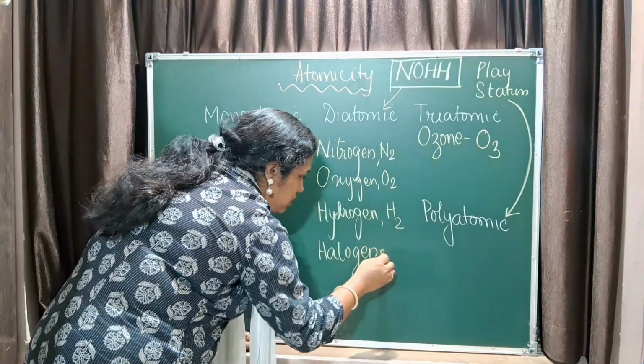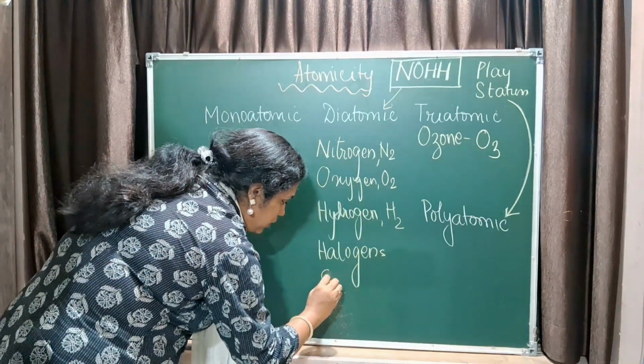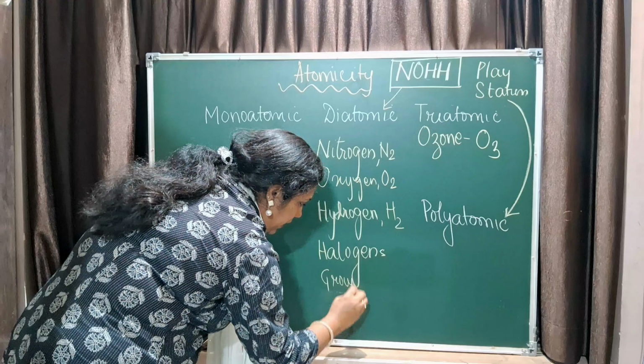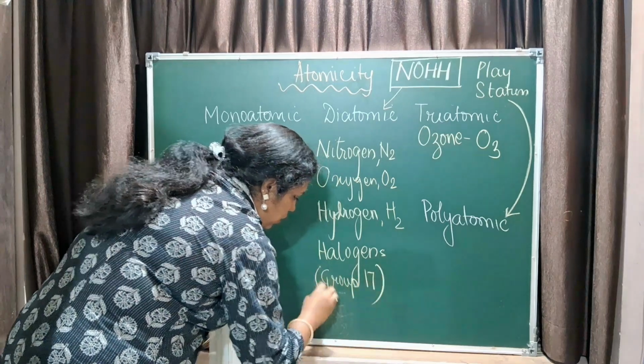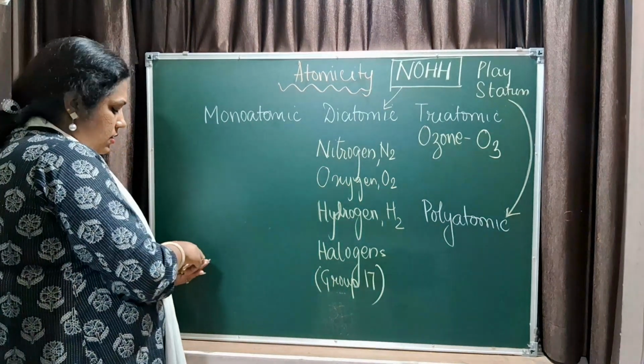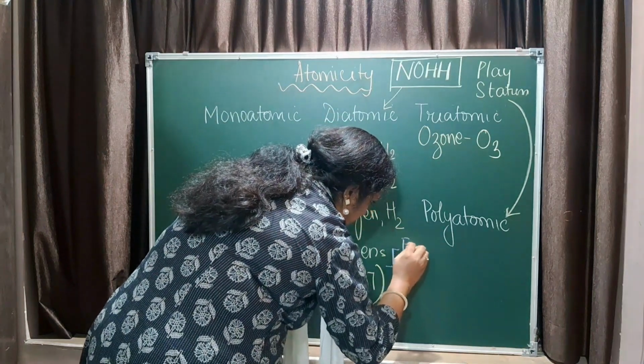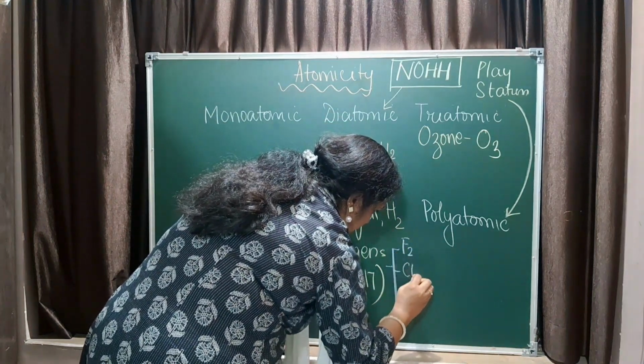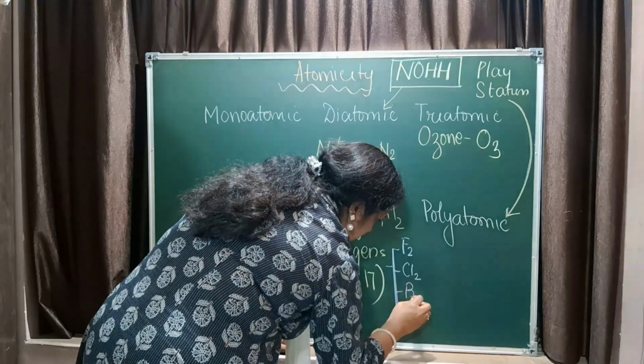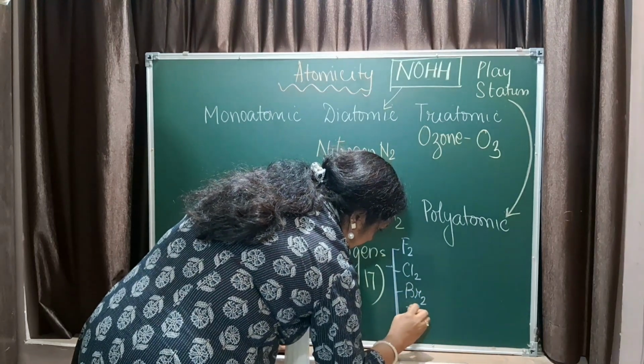Halogens, what are halogens? If you remember, that is group 17 elements. What are the group 17 elements? Fluorine, chlorine, bromine and iodine.